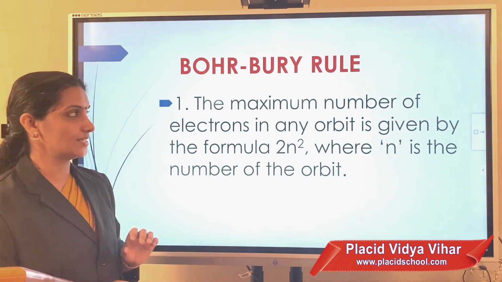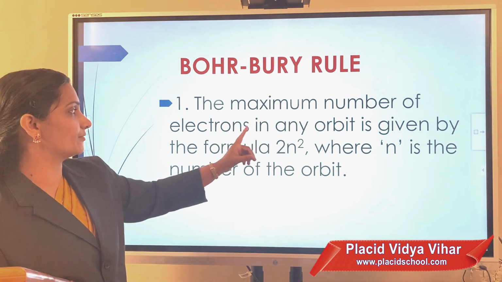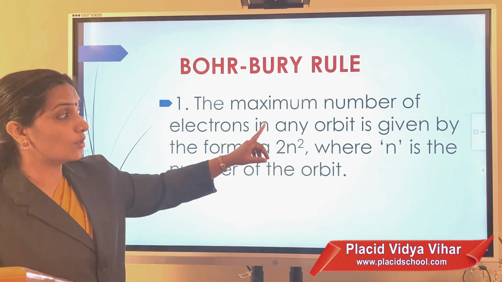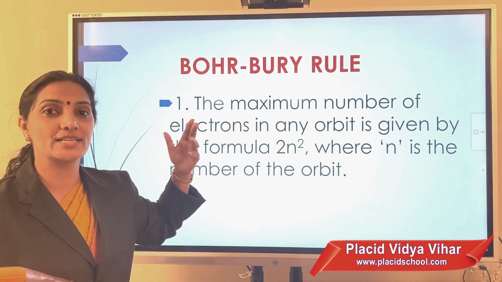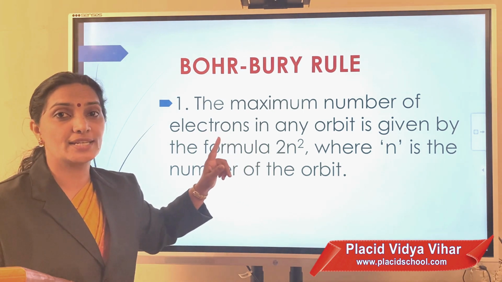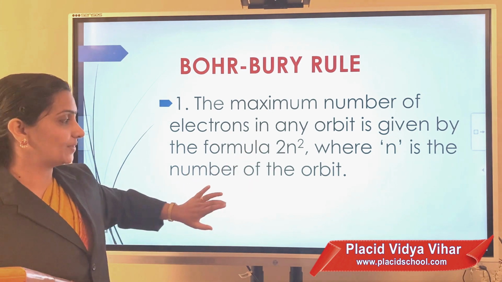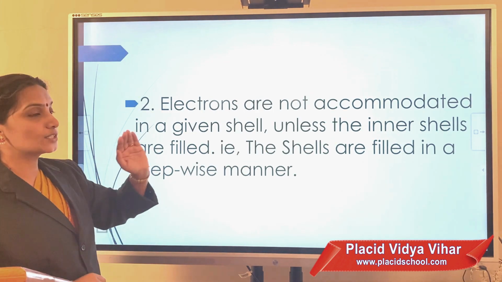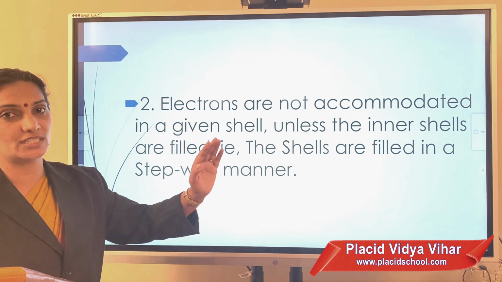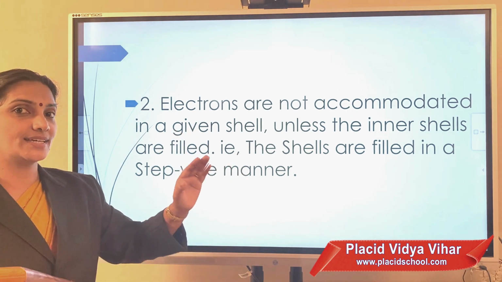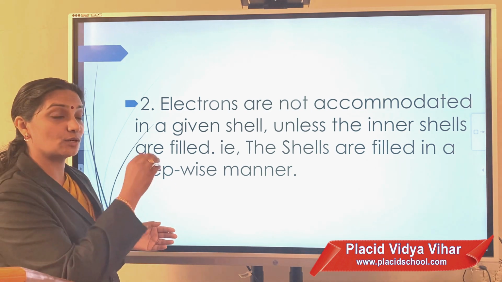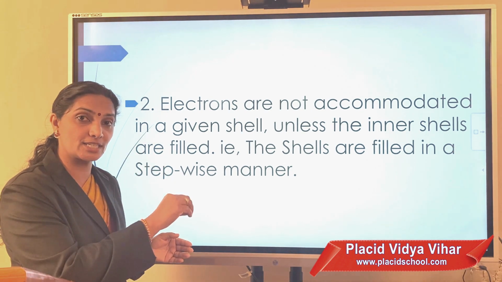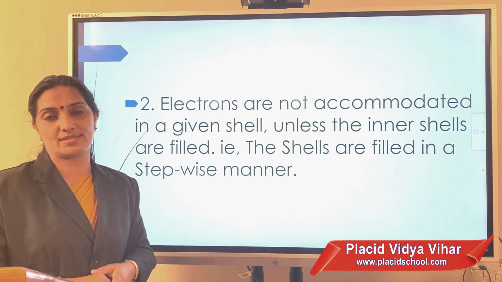The first point is that the maximum number of electrons in any orbit is given by the formula 2n square. What is n? n is the number of the shell. The second one: electrons are not accommodated in a given shell unless the inner shells are filled. That means the filling of electrons in an atom is a step-by-step process.